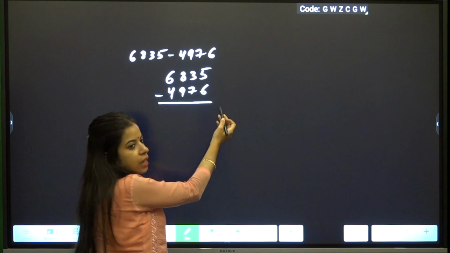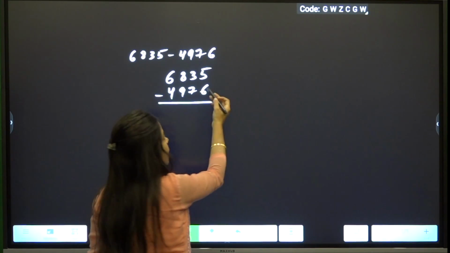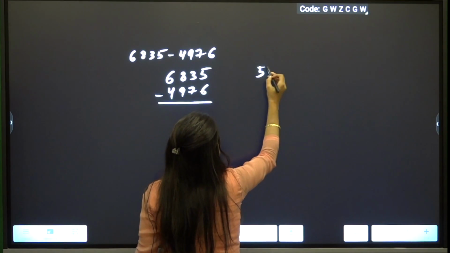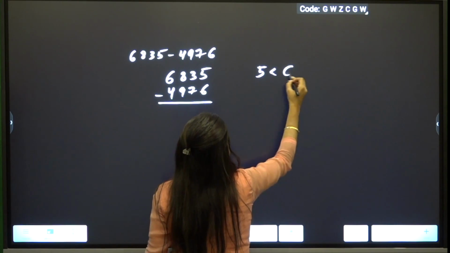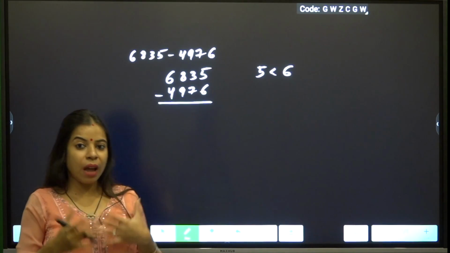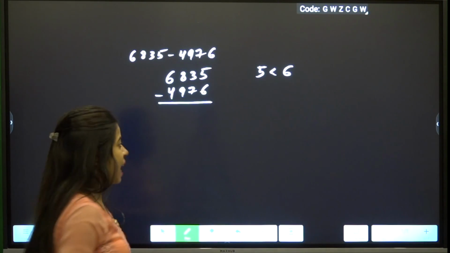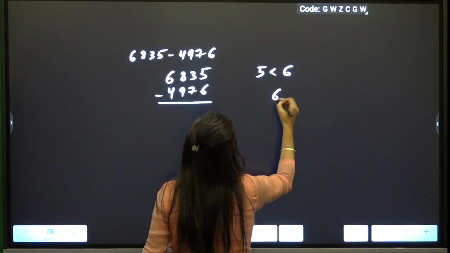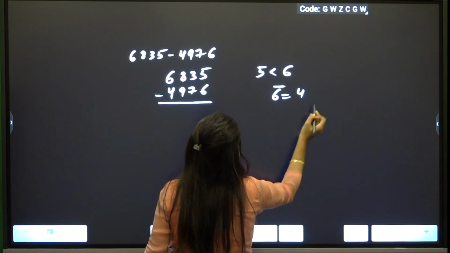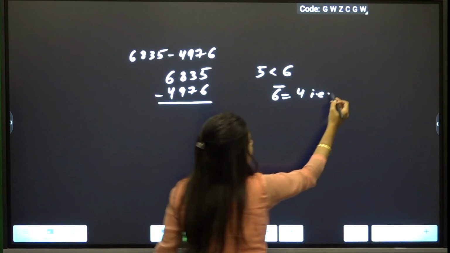We can see in the last column that 5 is less than 6. So now we have to perform subtraction. We are going to call the best friend of 6, and the best friend of 6 is 4. That is, how do we calculate?